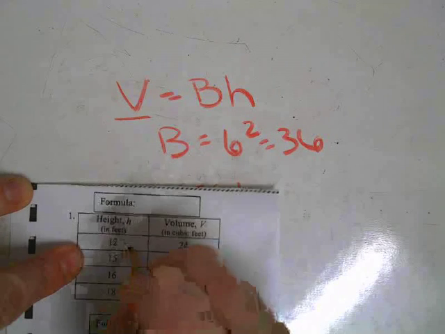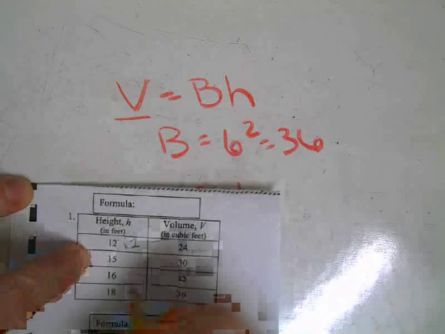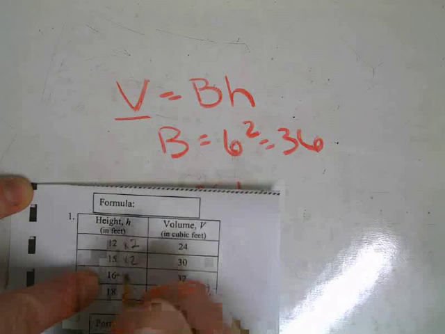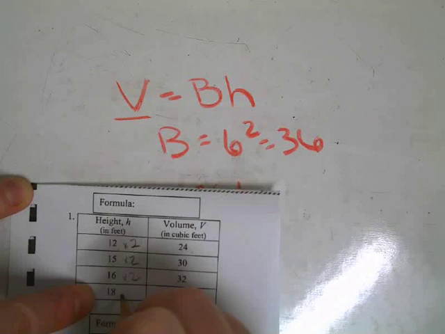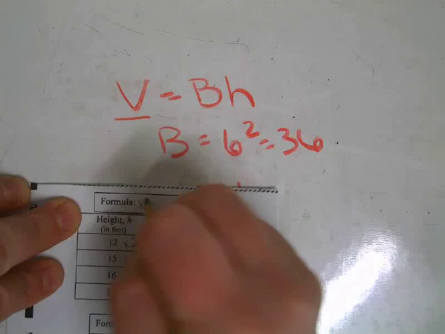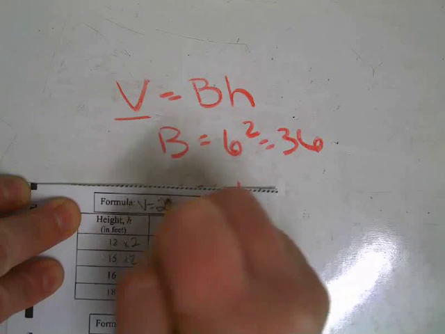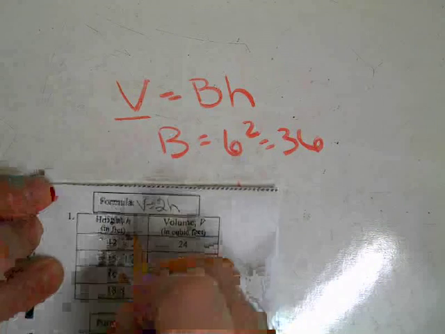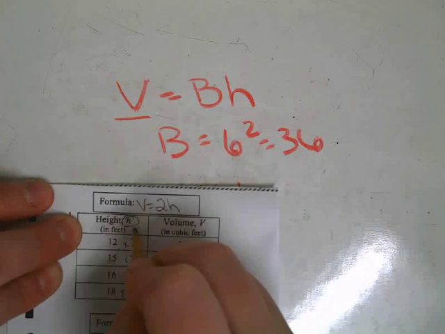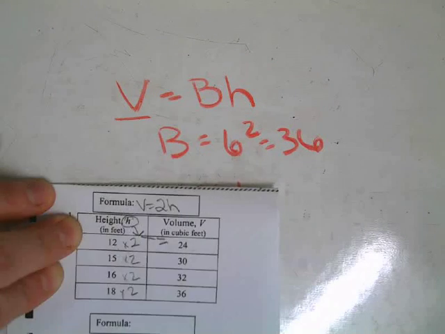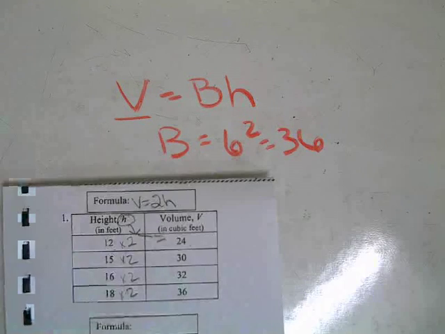Well, 12 times 2 is 24. 15 times 2 is 30. 16 times 2 is 32. 18 times 2 is 36. So in this one, my volume equals 2 times the height. You see how I'm multiplying the height? Height times 2 equals the volume. We need to be able to work those out too.